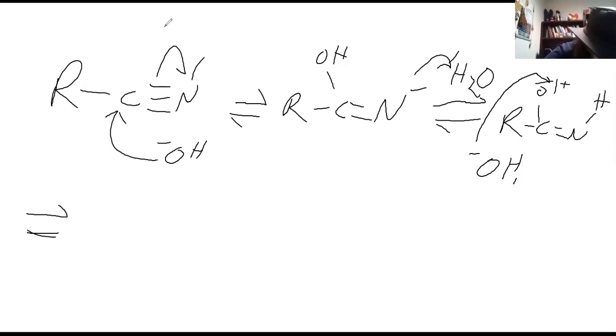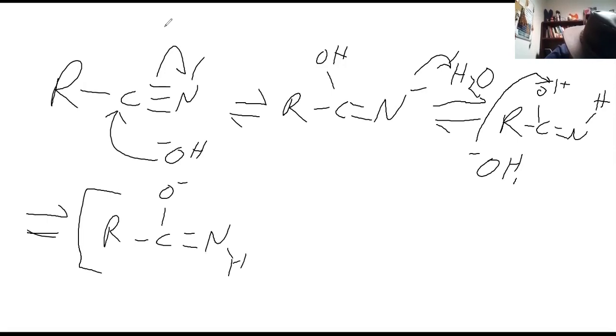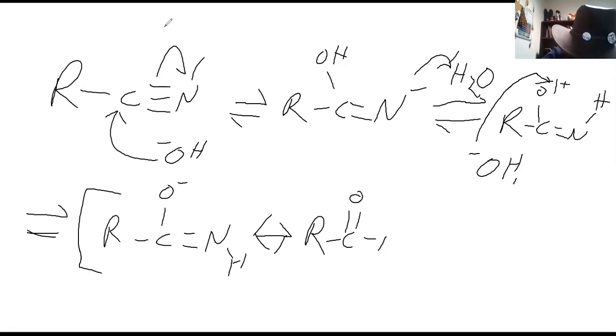The other hydrogen then puts us at this intermediate, this resonance stabilized C, O minus, and that's going to resonance stabilize between R, C, double bond O, and H. And once again, we're always going to be pushing this in the forward direction.